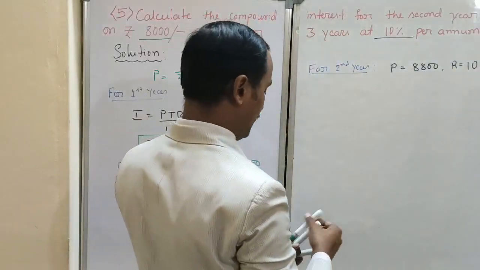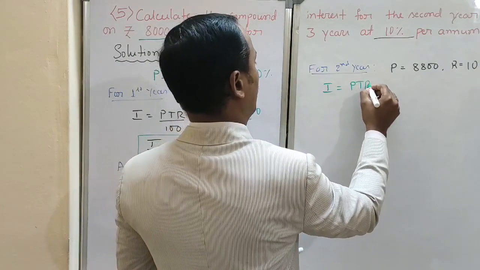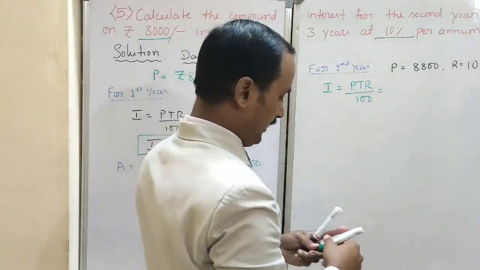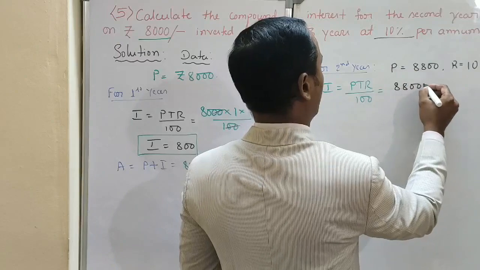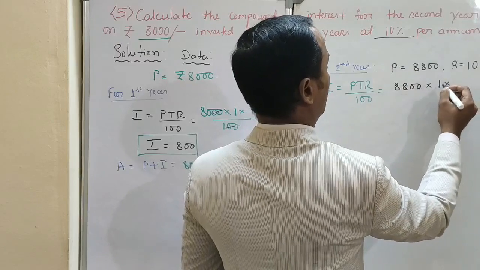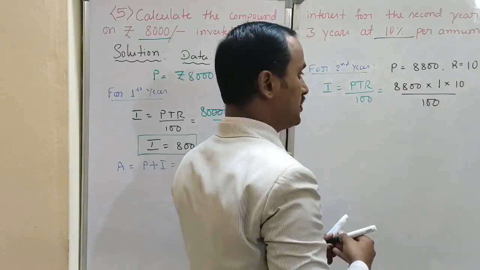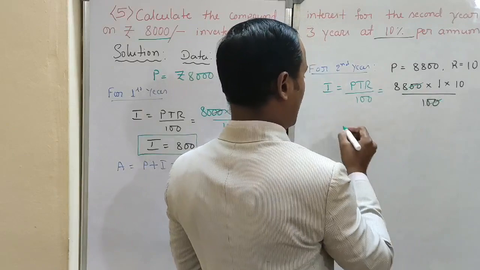Okay, what is the interest formula? Interest formula, you know that, dear children? Interest is equal to PTR divided by 100. Substitute the values of PTR. P value 8,800, into time 1 year, into rate of interest 10 divided by 100. 20 cancel. Numerator 20, denominator 20 cancel.